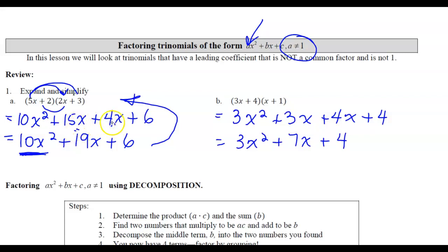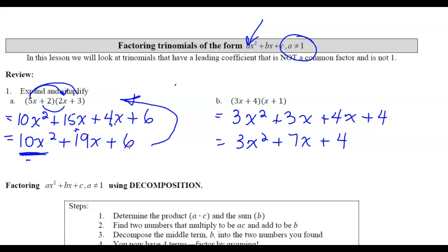But notice how those 15 and 4 don't multiply to 6. So if we were going backwards and splitting this up, they don't multiply to 6. But 15 and 4, what do they multiply to? What's 15 times 4? Just tell me. 60. What's 10 times 6?